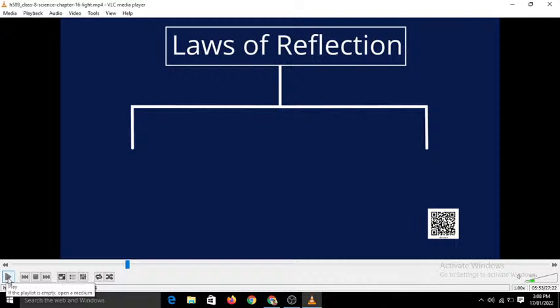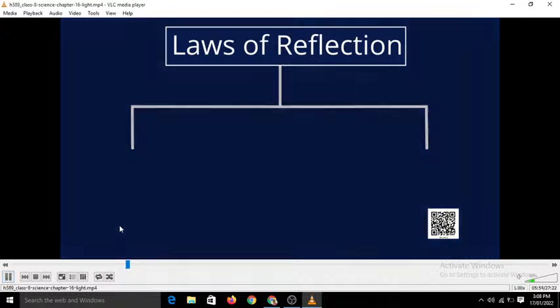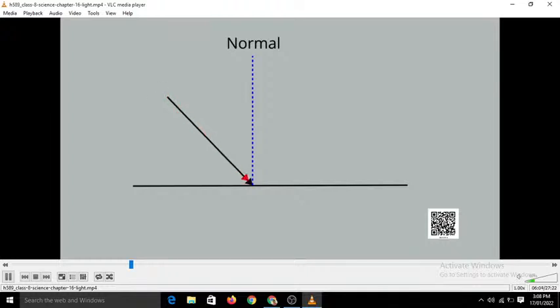Students, listen carefully. Draw a line perpendicular to the surface at the point of incidence. It is called the normal. The angle which the incident ray makes with the normal at the point of incidence is called the angle of incidence.